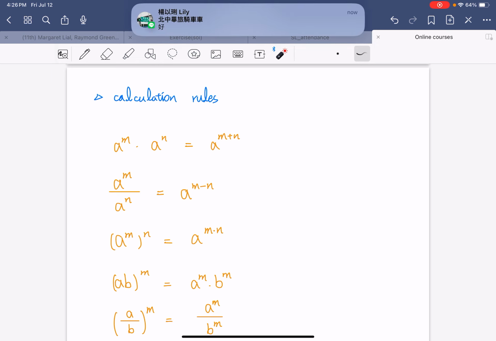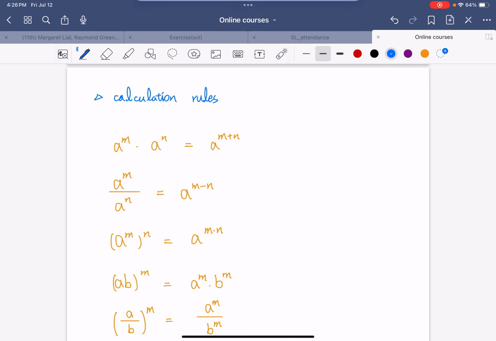So multiplication becomes addition, and here division, we can see division becomes subtraction.